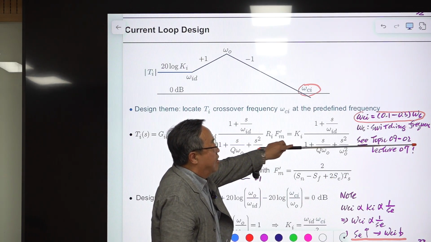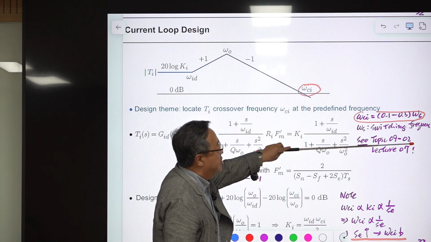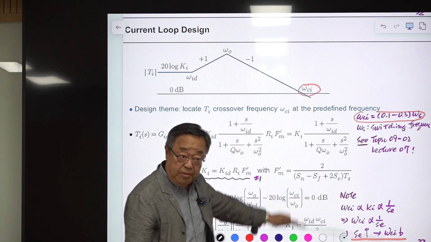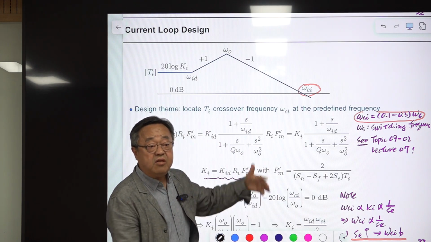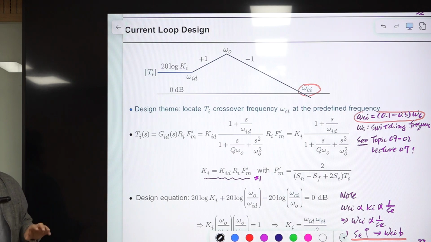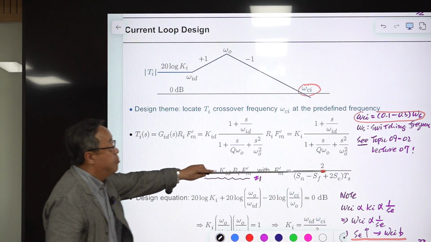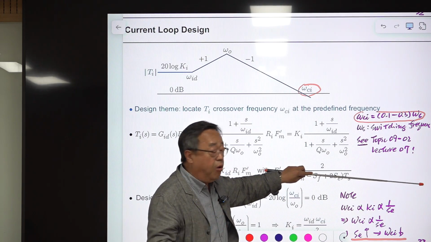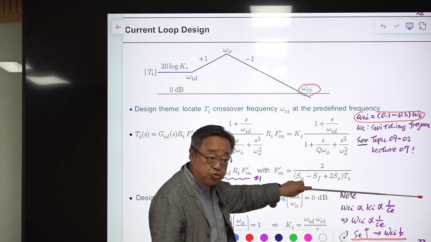I explained this in detail at topic 9-2 in lecture 7. That is related to the accuracy or validity of small signal modeling of the modulator. And there is another, more important reason: the impact of the sampling effect of the current mode control.